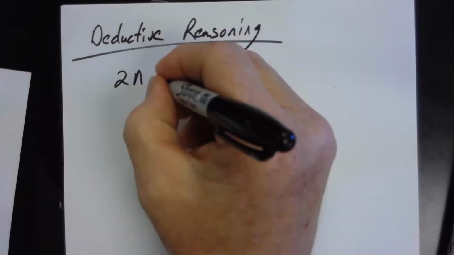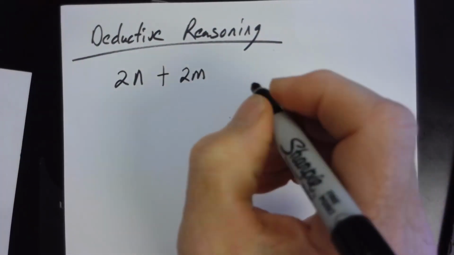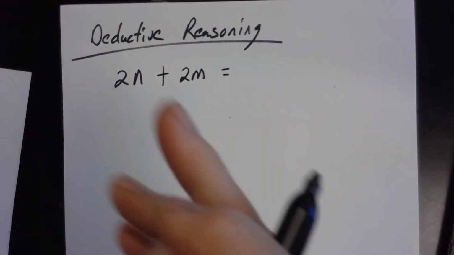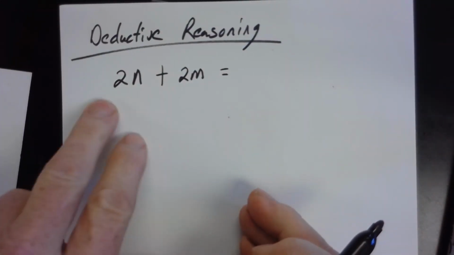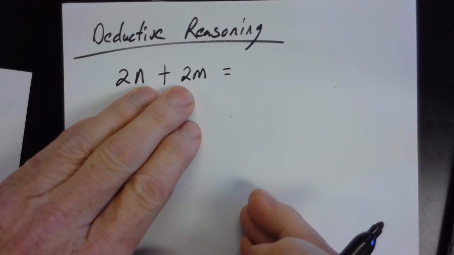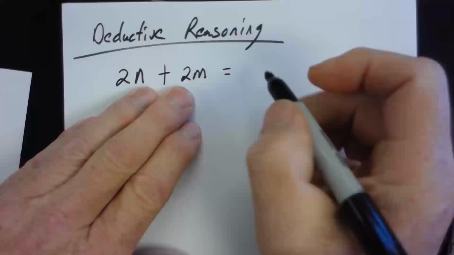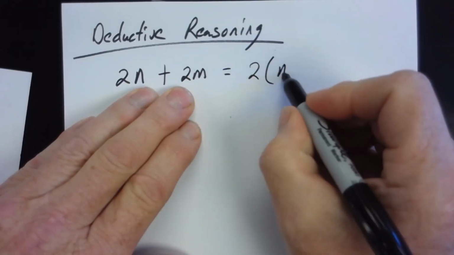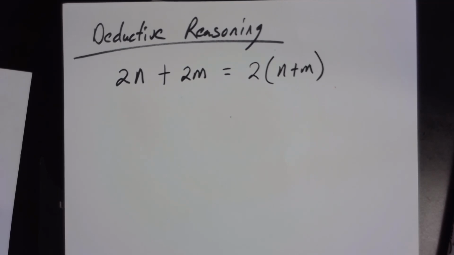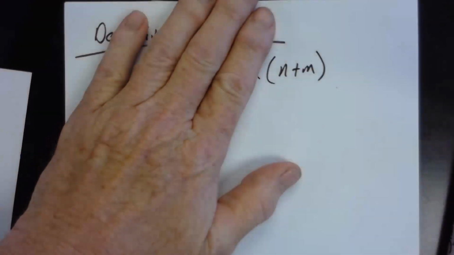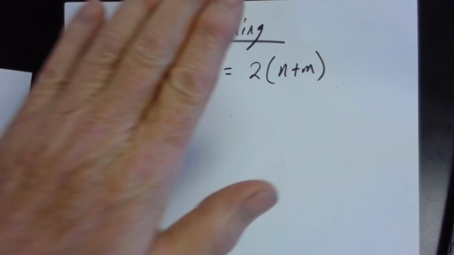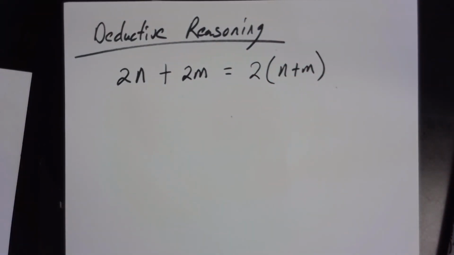That if I added them together, that sum would be even. Well, if I want to write this another way, there's a property of mathematics called the distributive property. And it says that 2n plus 2m is equal to 2 times the quantity n plus m. Okay? Now, if m and n are both integers, and I add them together and multiply the answer by 2, isn't that by definition even?